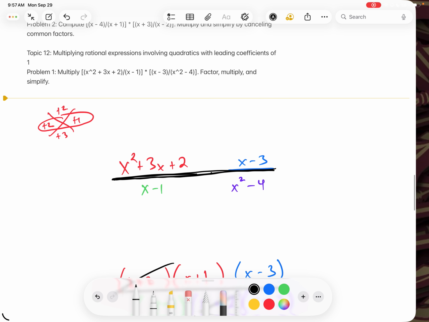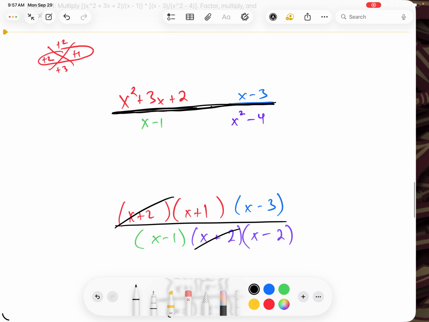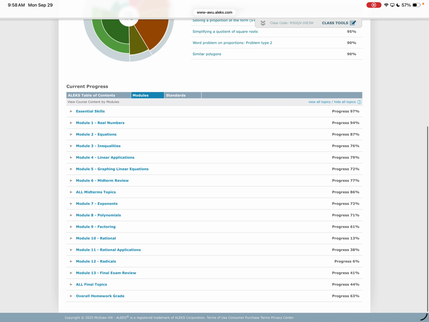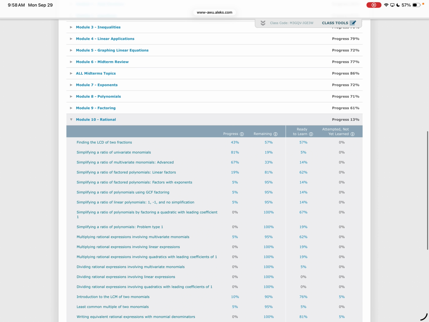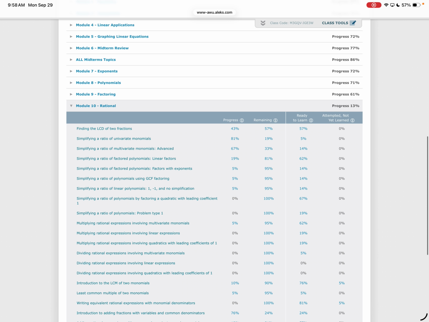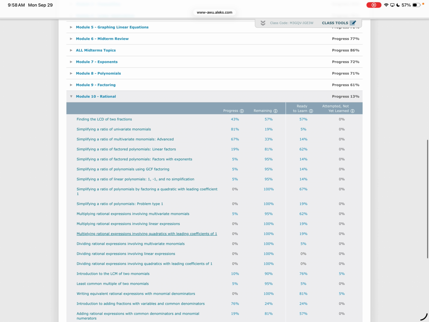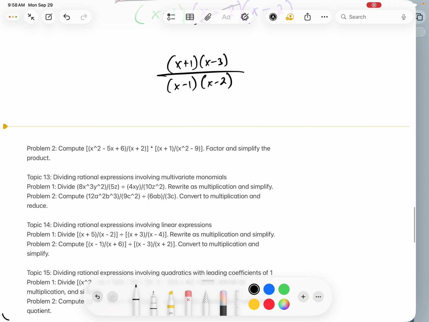Which one is this topic? Multiplying rational expressions with leading coefficients of 1. Let's see if I can get an Alex problem here to see how much they cancel out. No, I didn't do multiplying. All right, x squared plus x minus 6.